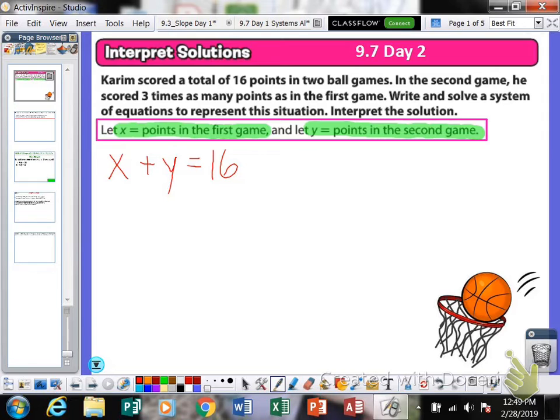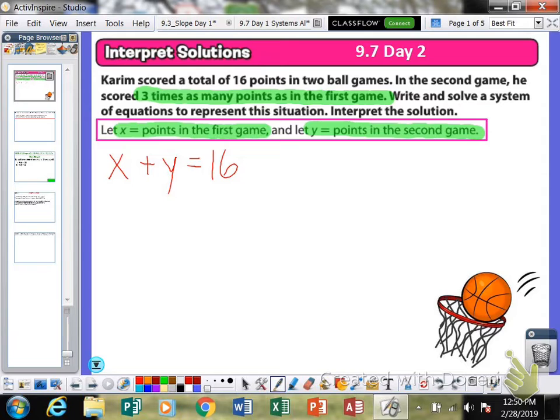Now, if we keep reading, it says in the second game he scored 3 times as many points as in the first game. Okay, so keeping in mind what our x and y represent, we know that we're talking about the second game here.